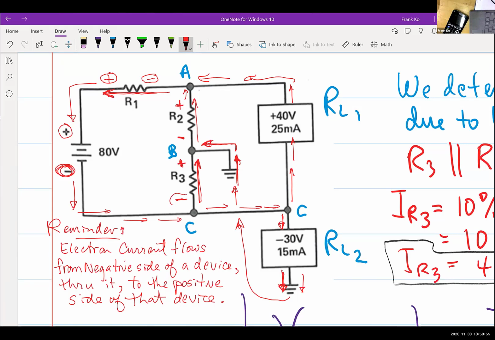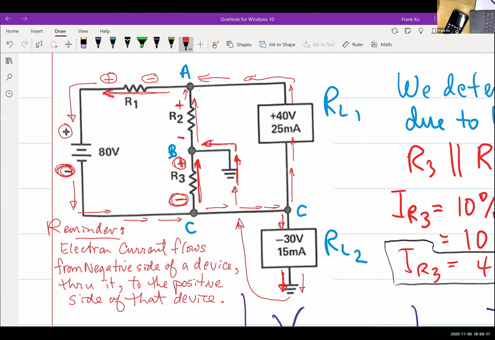So the bottom of R3 is negative. It's physically attached to the negative side of the source, which means the top of R3 is positive. And doesn't the electron current flow from the negative side up through it to the positive side of R3? So is the direction of current through R3 going up?